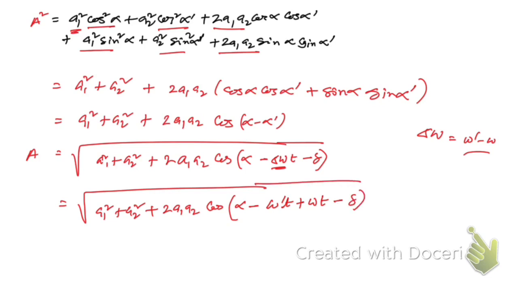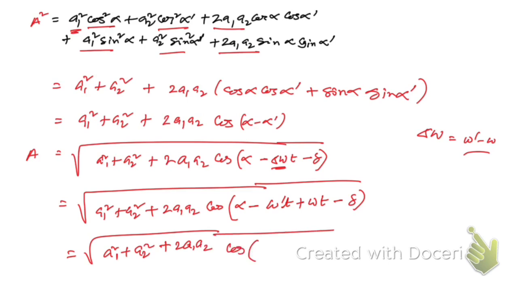So it can be written this way also, a1 square plus a2 square plus 2 a1 a2 and cos... just wait, give me a second.